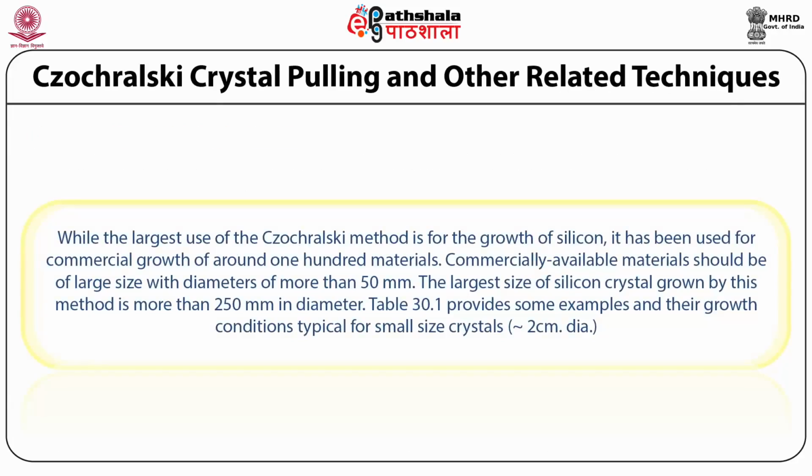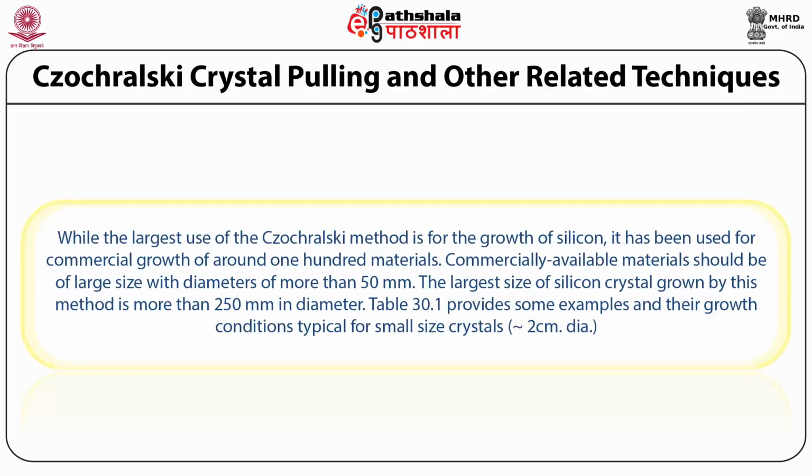While the largest use of the Czochralski method is for the growth of silicon, it has been used for commercial growth of around 100 materials. Commercially available materials should be of large size with diameters of more than 50 mm.